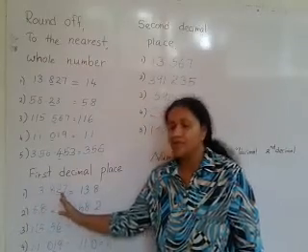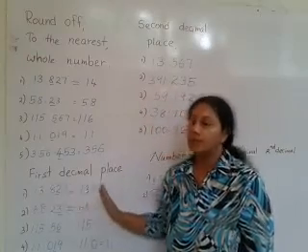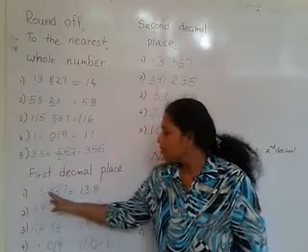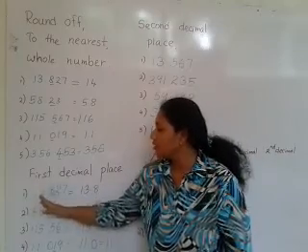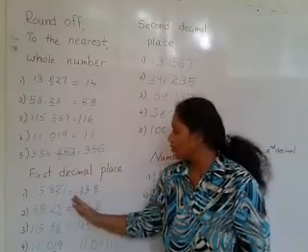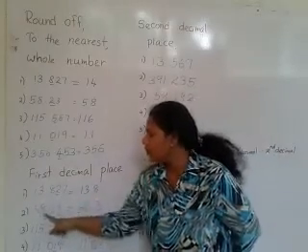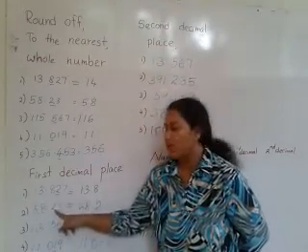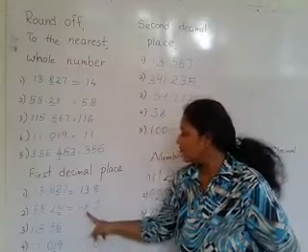What are the numbers in between? 13.8 and 13.9. So 13.827 is between 13.8 and 13.9, and it is closer to 13.8. Here 58.23 is between 58.2 and 58.3. It is closer to 58.2.